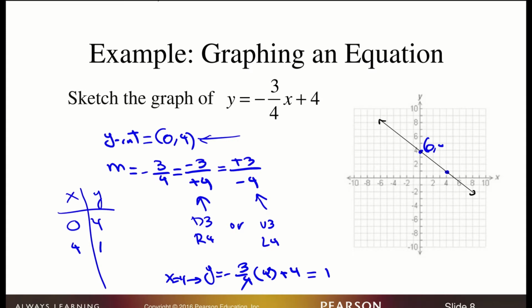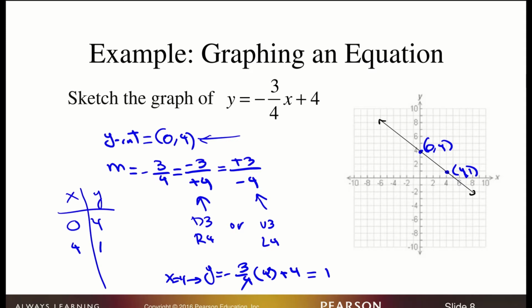We already know this one is (0, 4). And remember, to get to this other point, we went down 3. So subtract 3 from the 4, we get 1. And we went right 4, so add 4 to the x value, which is 0, and you end up with (4, 1). Okay? So it all makes sense.